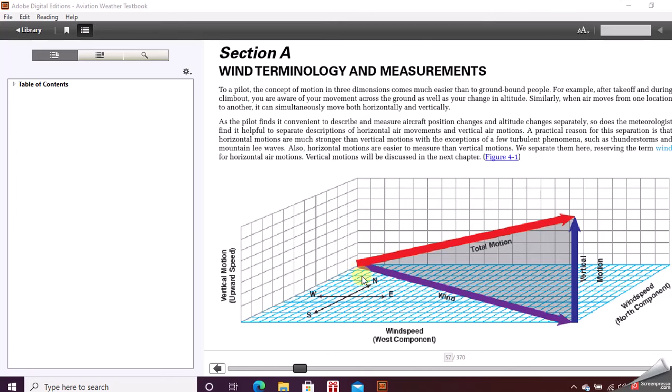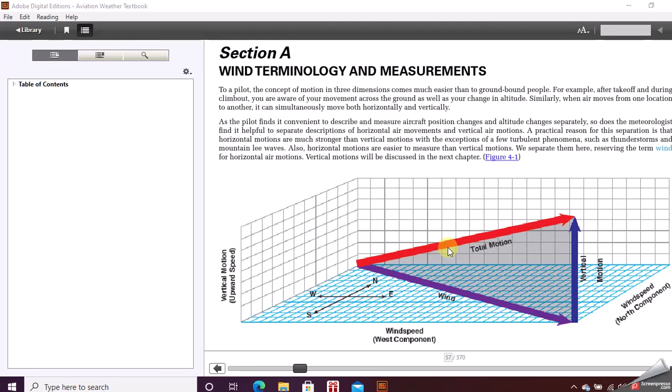But air parcels move in 3 dimensions. We talk a lot about horizontal wind, so basically all wind east, west, north, south. If you're right at the ground level, that's horizontal wind. But that air parcel's possibly going up at the same time it's moving, or maybe it's trying to sink back down if it's up and above.